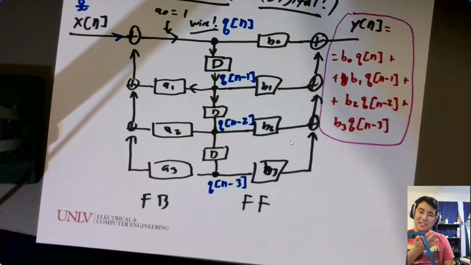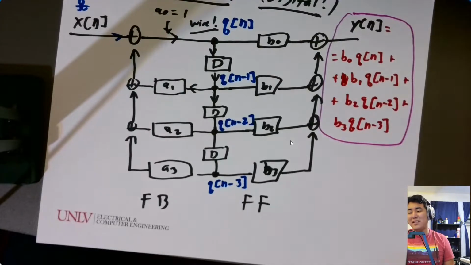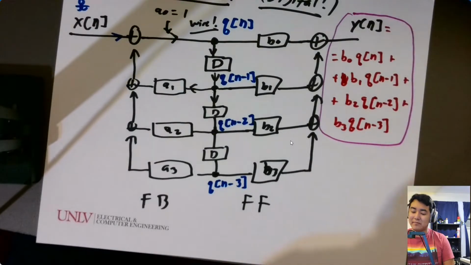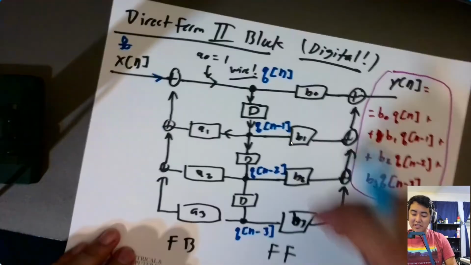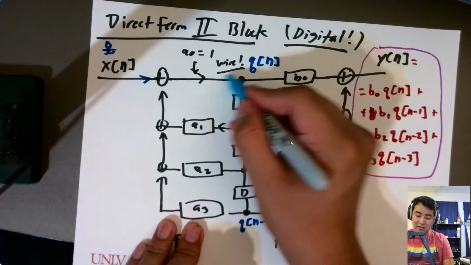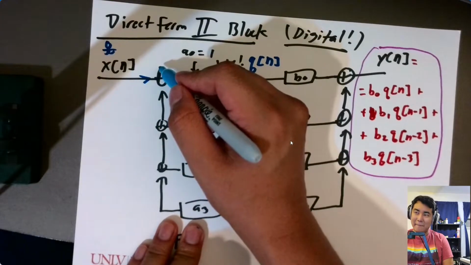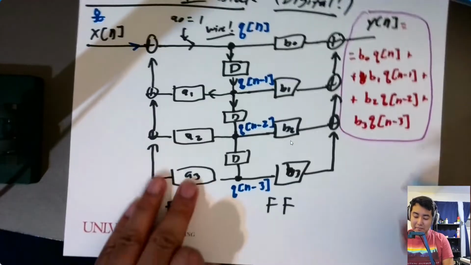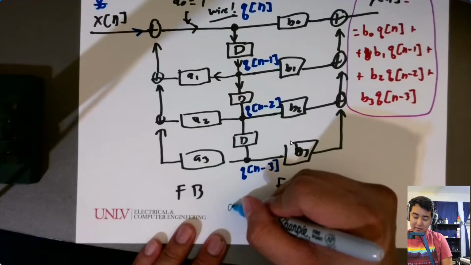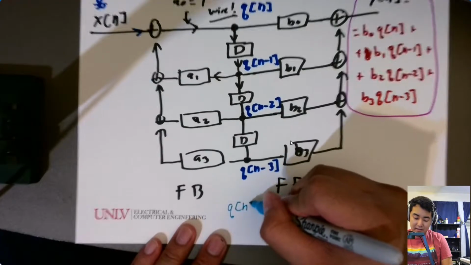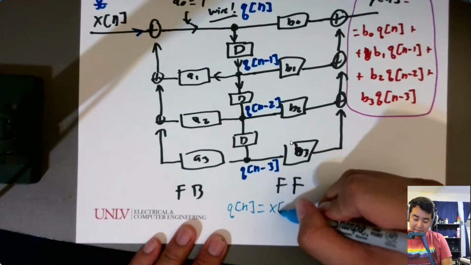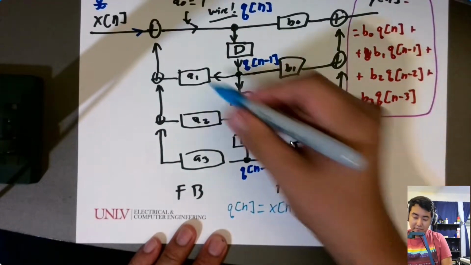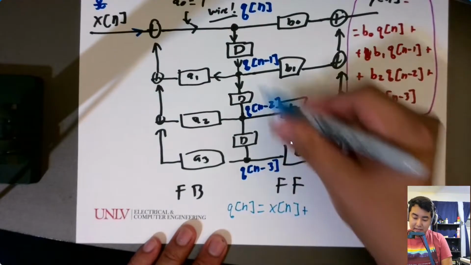What is Q? Can you tell me what Q is? No. Don't worry, we'll solve for that. Here's Q. What is Q equal to? So let's look at where it's coming from. It's coming from this adder, which is equal to an input. Q of n is equal to the current input, plus, what are we taking in?